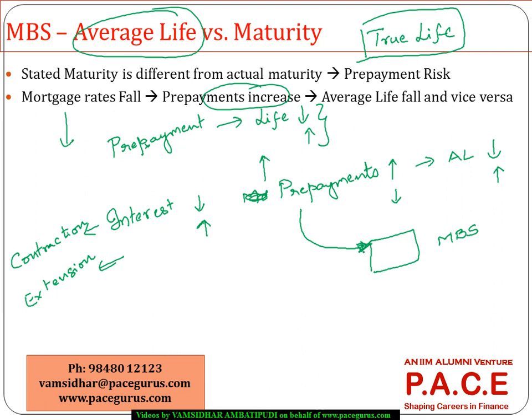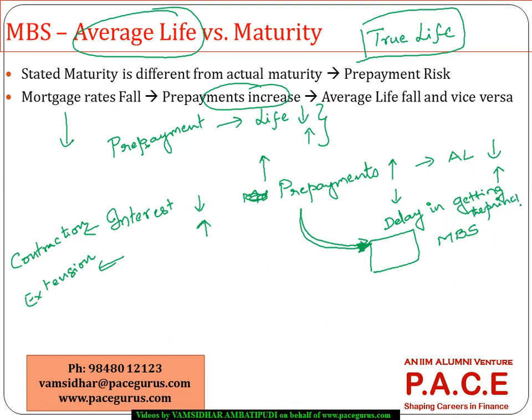As per the SMM computation, we are expecting that some amount will come in the form of prepayment, but those prepayments have come down, which means this party is having a delay in getting the principal amount.